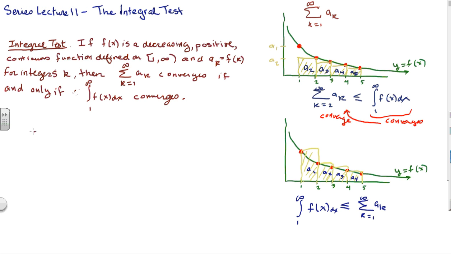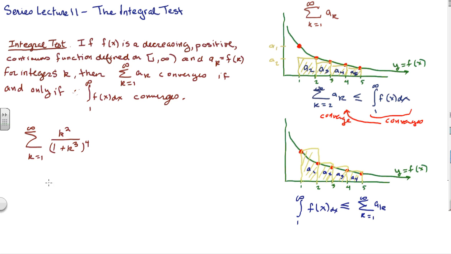The series, k equals 1 to infinity of k squared over 1 plus k cubed to the fourth.